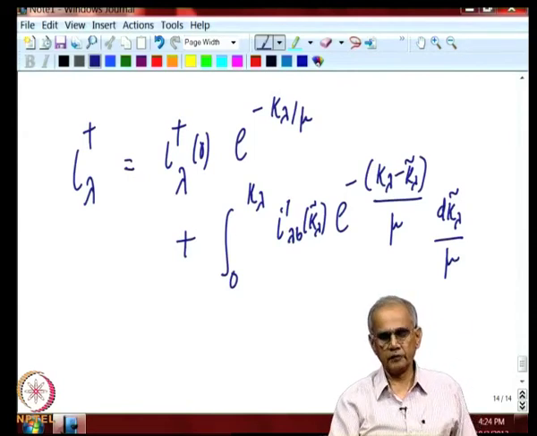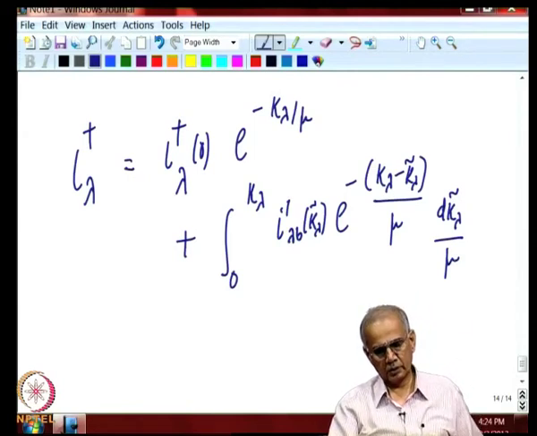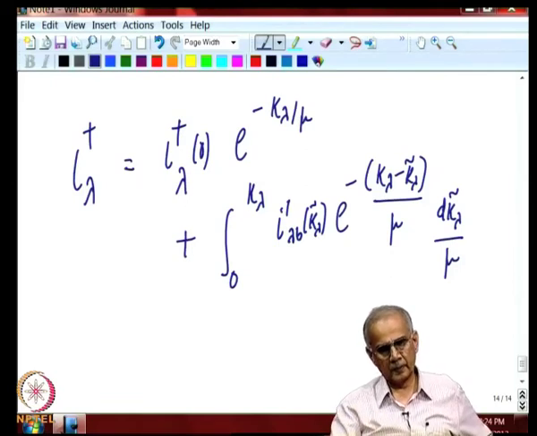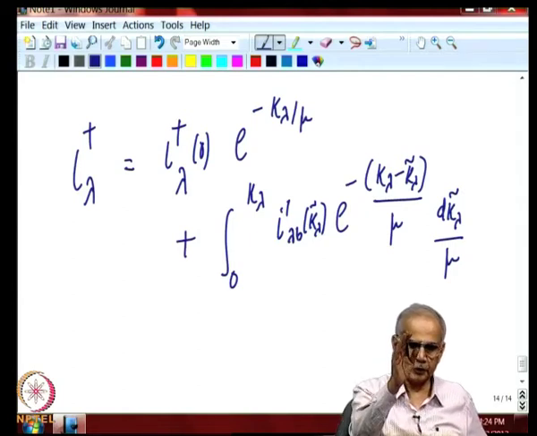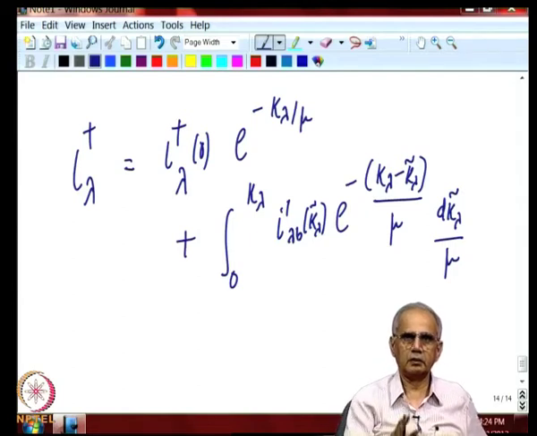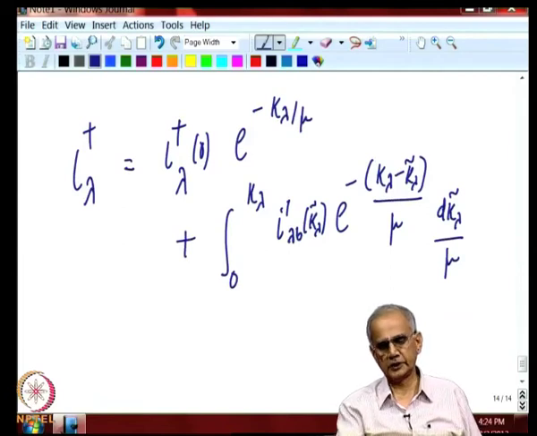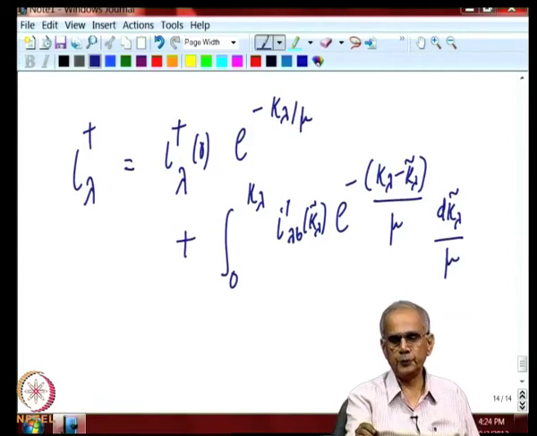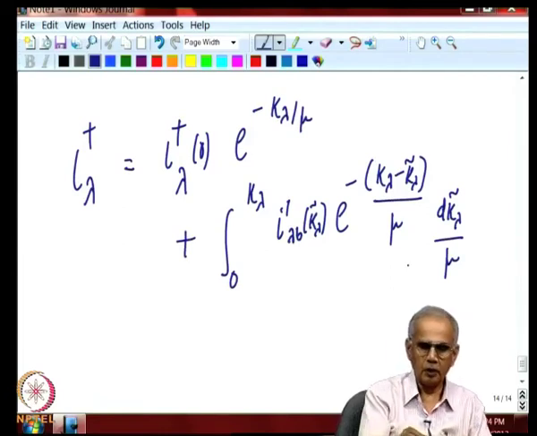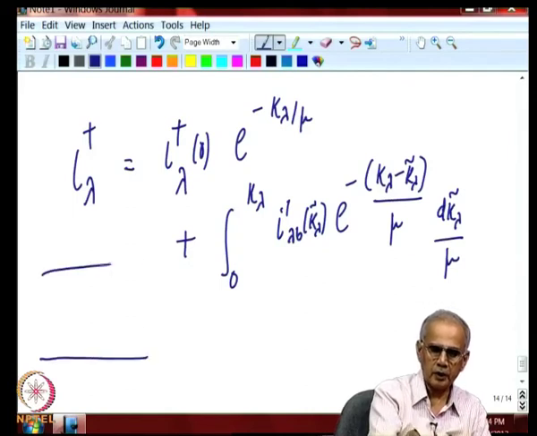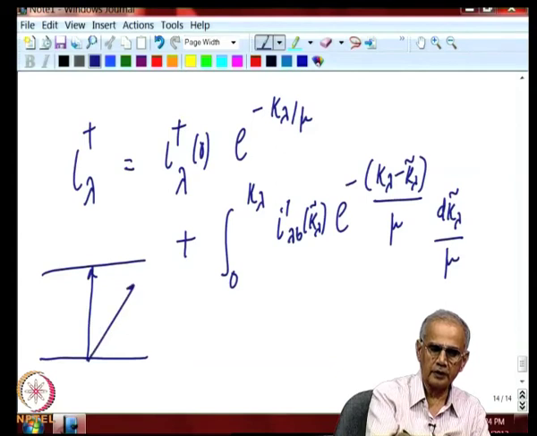so this is very similar to what we have done earlier, only some notation has changed. We have explicitly accounted we are measuring everything with respect to vertical direction, and this mu is coming in because of the difference between the direct radiation and the slanted radiation.